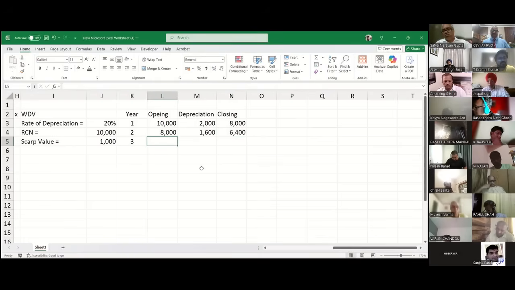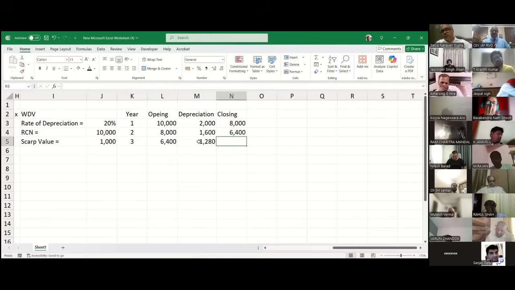Third year, again, closing of the previous year will become the opening. Depreciation will be 20% of your opening amount, 20% of 6,400. Opening minus depreciation will be the closing. Same, you have to find the depreciation until you reach the scrap value.